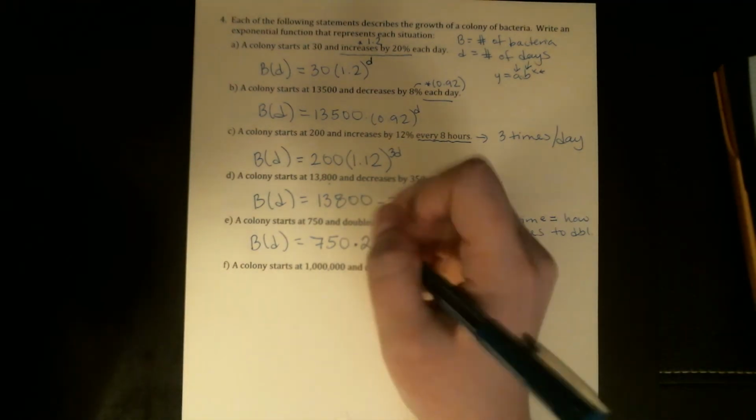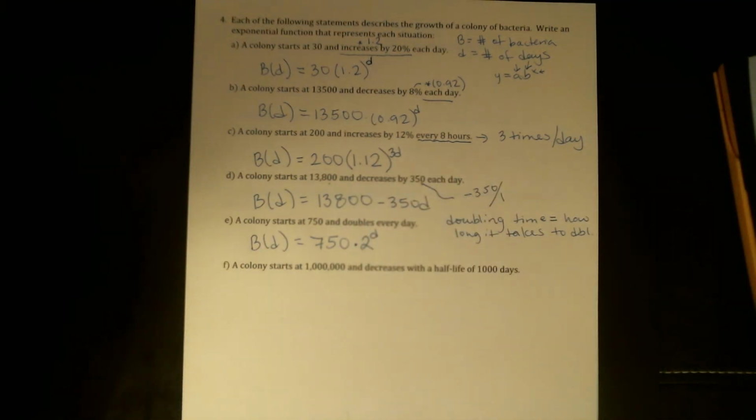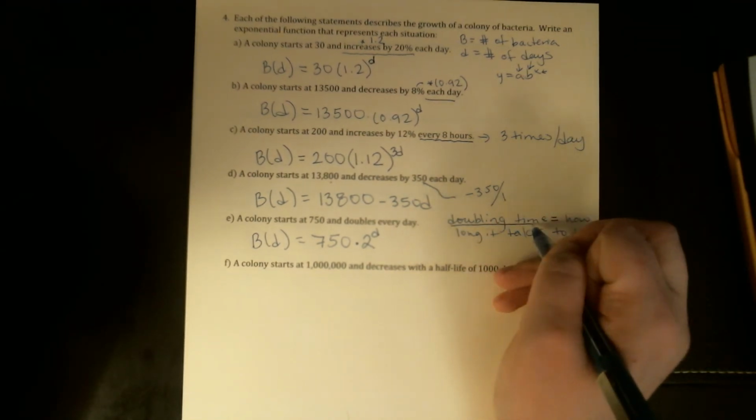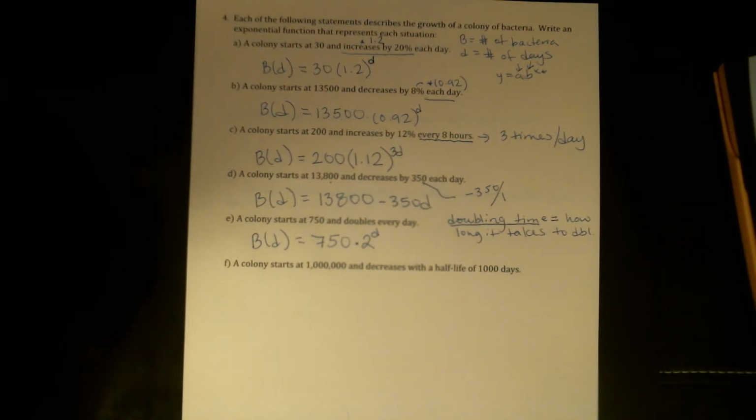Since it's every day, we're just going to put a plain old D up here. If it was every 2 days, we would put a D over 2 up there to slow it back down. Okay, so doubling time is one little piece of vocab that you should be aware of. I would expect you know what that means if it comes up on a test.